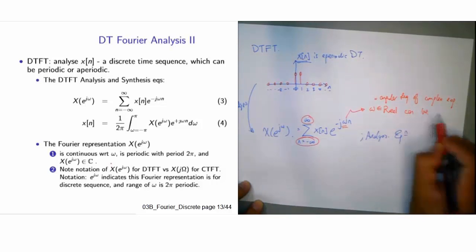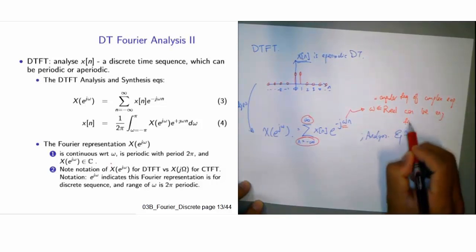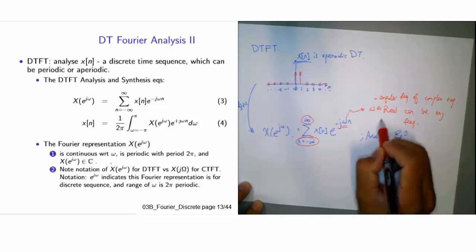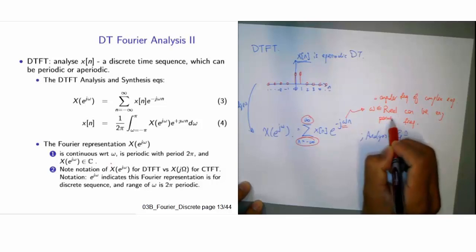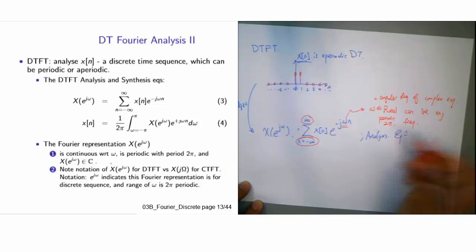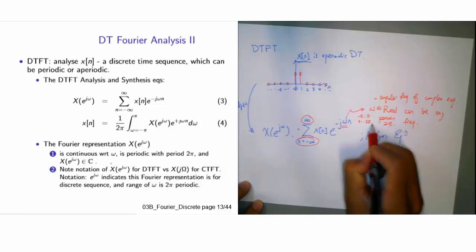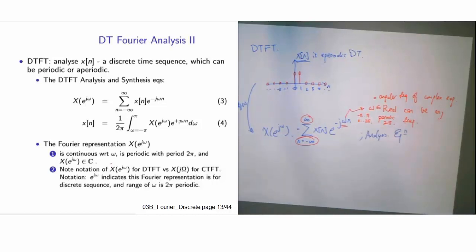It can be any frequency. And in fact, later on you realize I'm actually cheating you. It's real, but it's periodic with 2 pi. So we are interested in omega from -pi to pi, or 0 to 2 pi, whichever you prefer to draw.